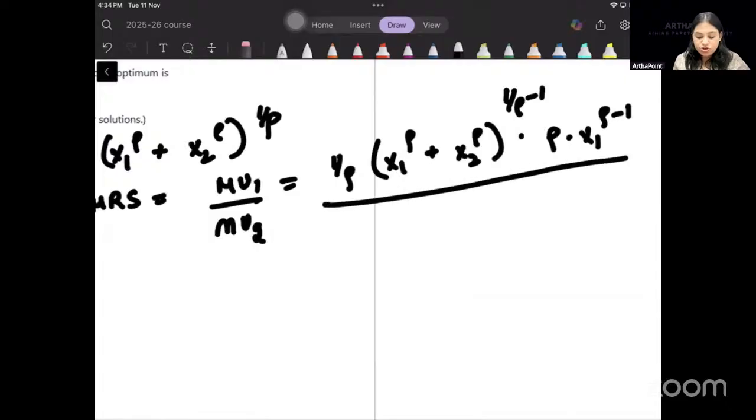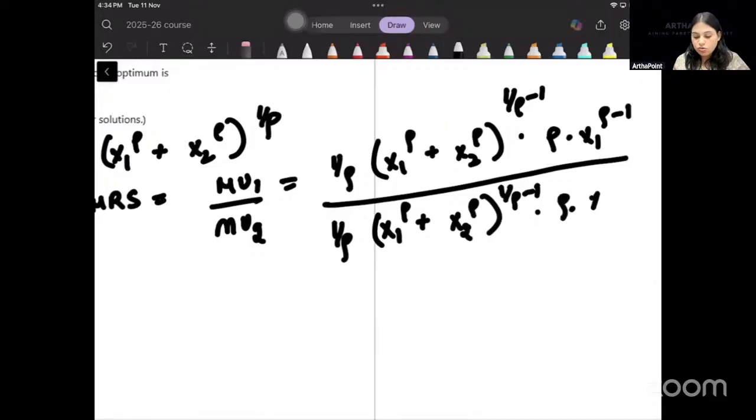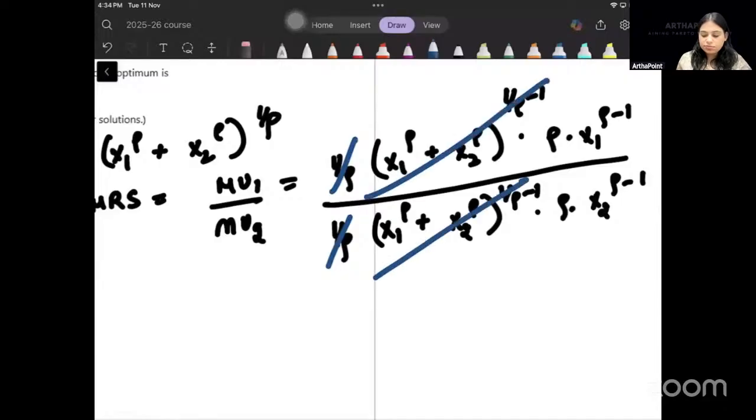If I differentiate with respect to x2, I'll get 1/rho times (x1^rho + x2^rho)^(1/rho - 1), times rho x2^(rho - 1). This is what we get. If I cancel this, I will get (x1/x2)^(rho - 1).